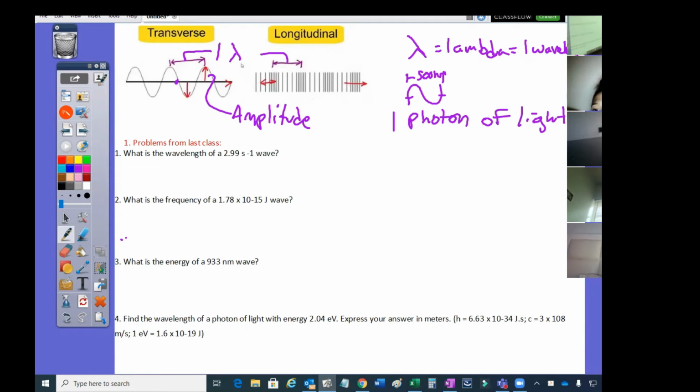You can look in your book, or you can Google what color is 500 nanometer light. It's somewhere between green and cyan. Okay, so it's somewhere between blue and blue-green. So that's one photon of light.